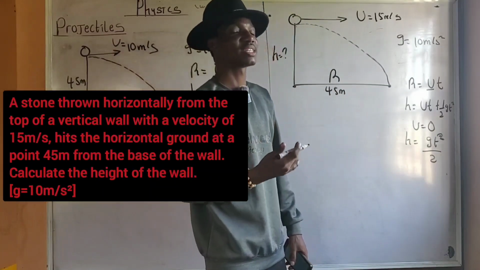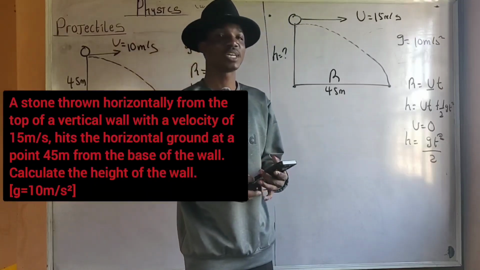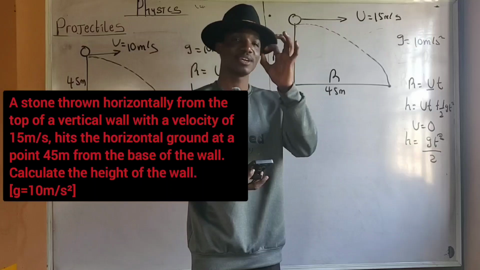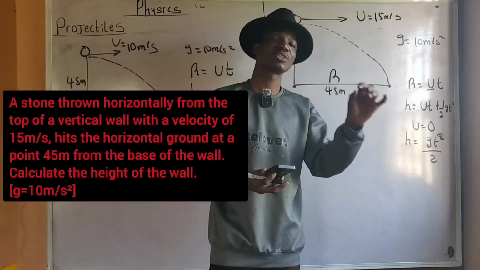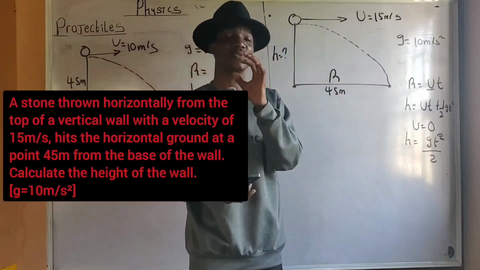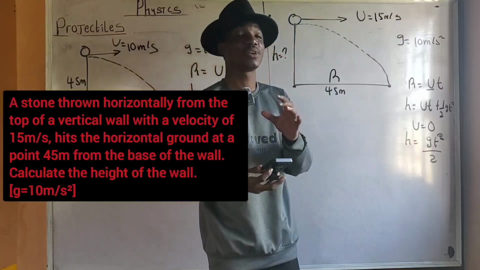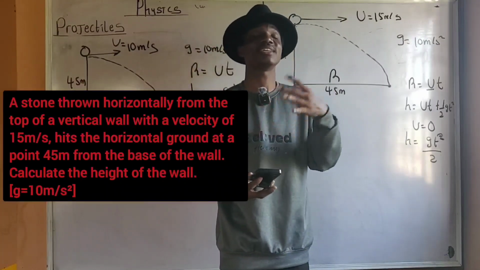When I started this class, I told you that the motion of the object can be represented in two dimensions: we have the horizontal motion and the vertical motion. Both have initial velocity and final velocity. For the horizontal motion, the velocity did not change, so the final velocity and the initial velocity are the same.